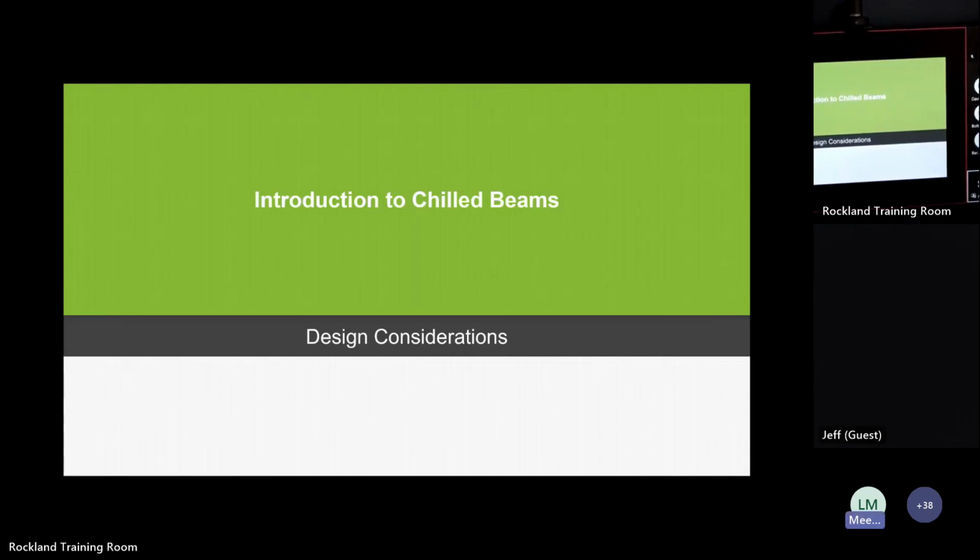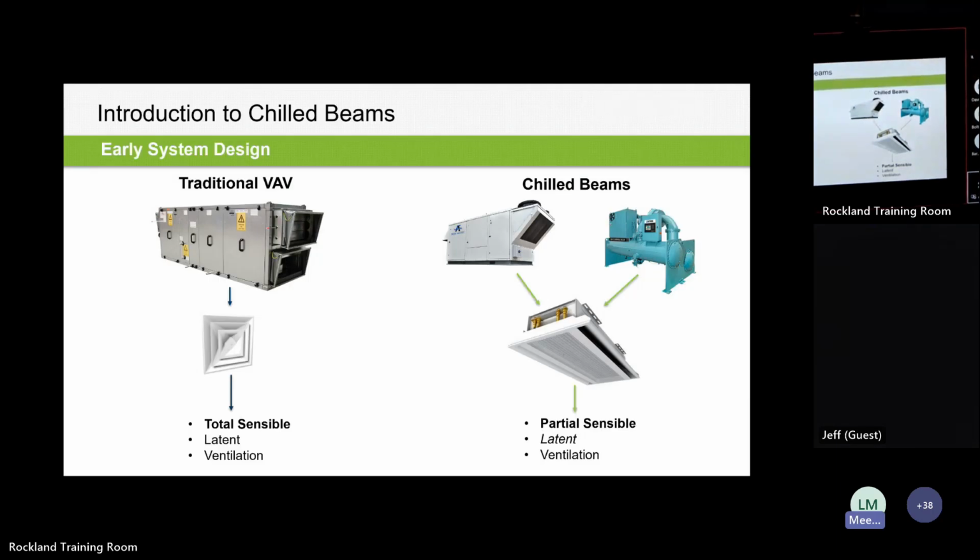Okay, so getting into design considerations, this is where we're going to get into some of those technical discussions. We won't talk about this much, but there are unique principles or design aspects that we need to talk about when you're decoupling these two systems.